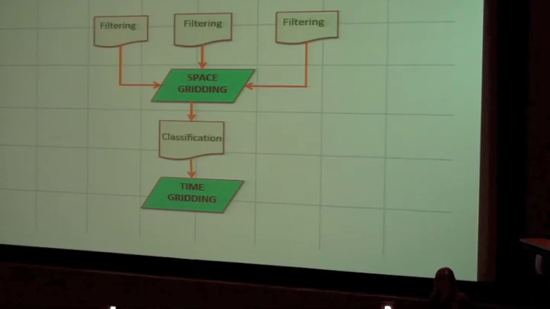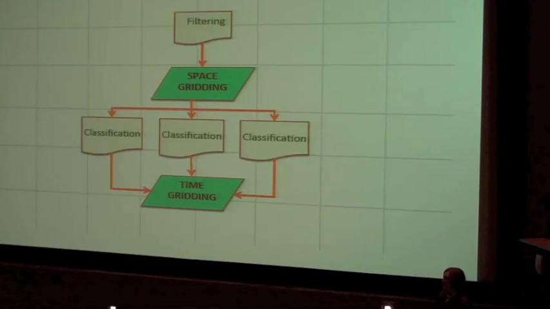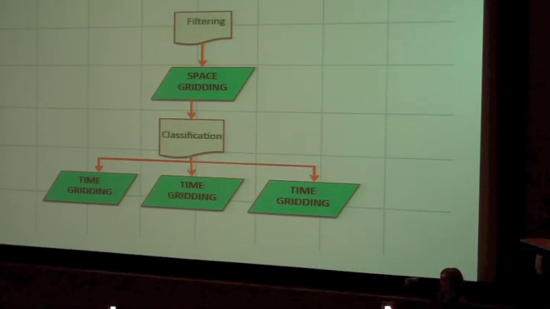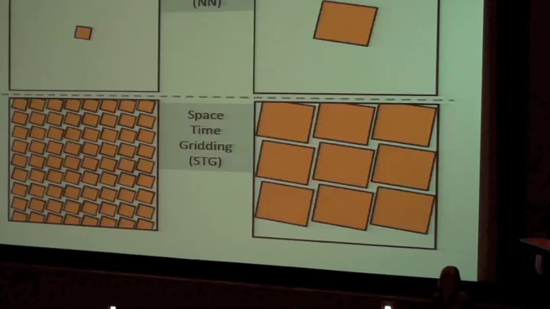And then you can iterate later on as your knowledge of your parameter, or within your science team, improves. You can redo the classification, or you can redo the time gridding. So you can iterate through those, and these steps are really fast. I will give an estimate of how long it takes to process a globe of data, but really it allows flexibility at each of these different steps.